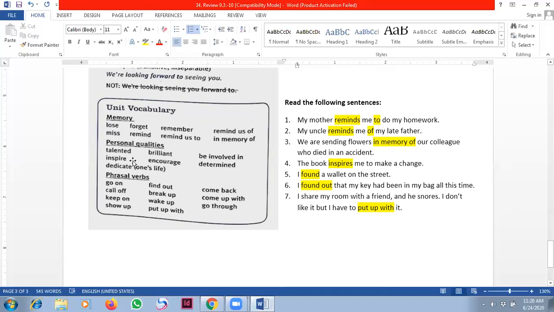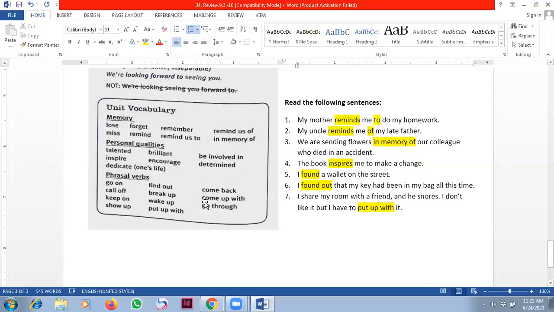Inspire is to give a good idea to do something. Dedicate is to give everything for them without thinking of a return. Break up, wow, this is quite a nasty word, especially for teenagers. Break up is a scary word. Breaking up your relationship is really scary.